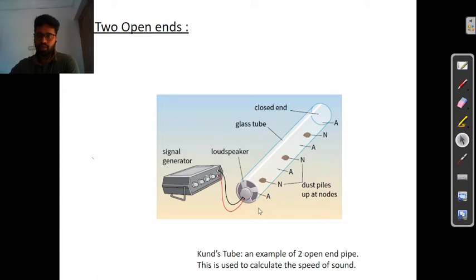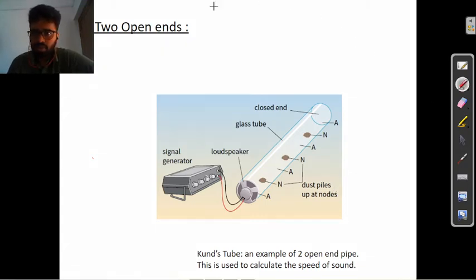So here you can see nodes forming at regular intervals. By sending a sound signal and calculating the nodes, we can understand which harmonic it is, and we can calculate the velocity of sound by using the formula v is equal to f lambda.